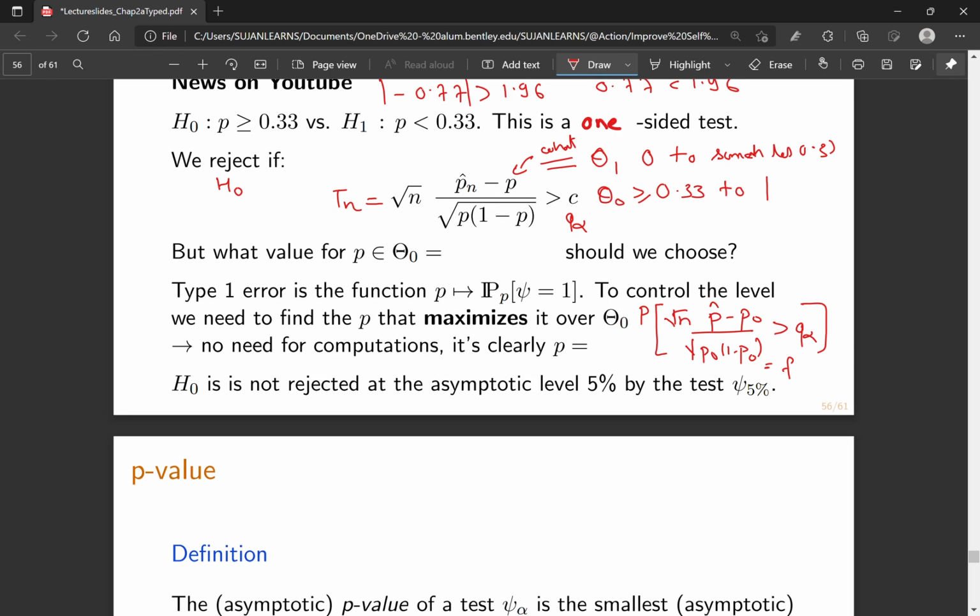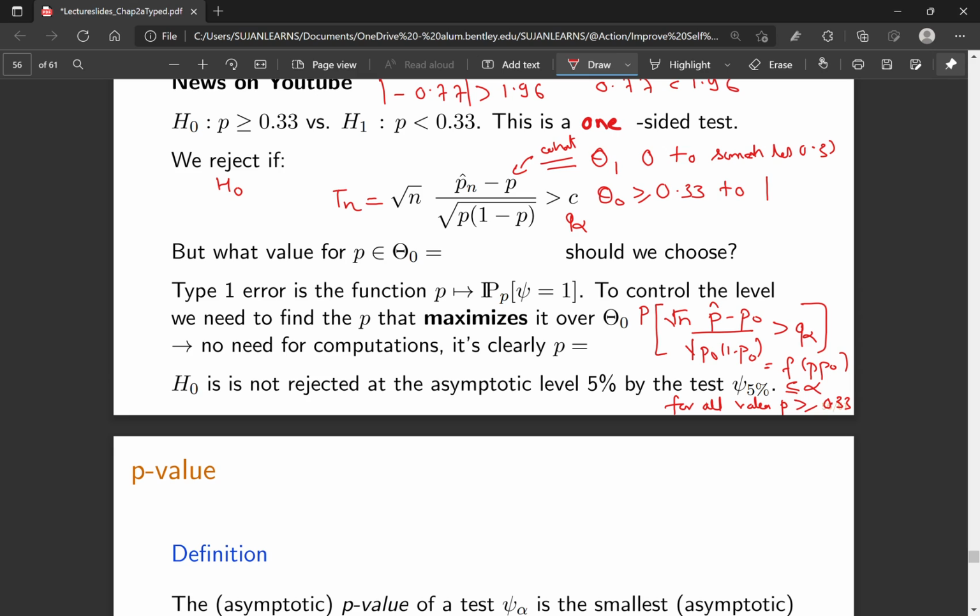It is a function of P and P naught, and it has to be less than alpha for all values of P which are greater than or equal to 0.33.